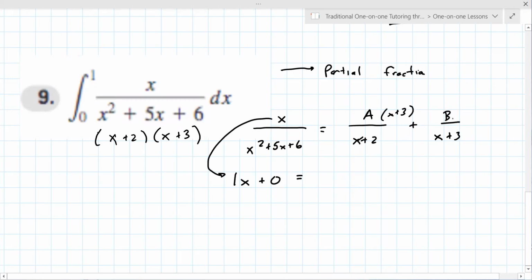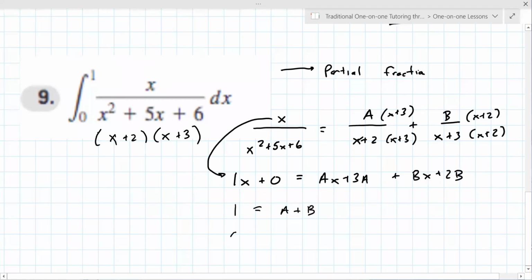So this is x plus 3, x plus 3, x plus 2, x plus 2. Yeah. So ax plus 3a plus bx plus 2b. And then you set your x coefficients equal. So 1 equals a plus b, and then 0 equals 3a plus 2b.